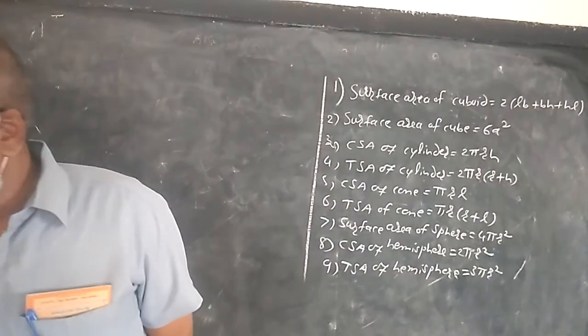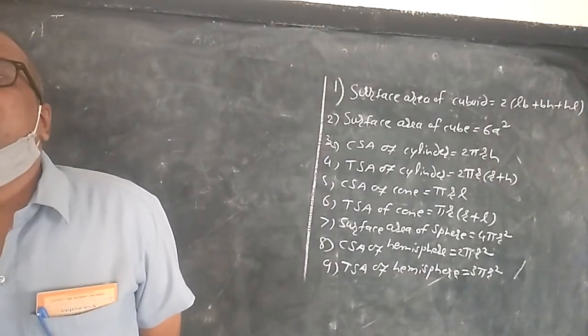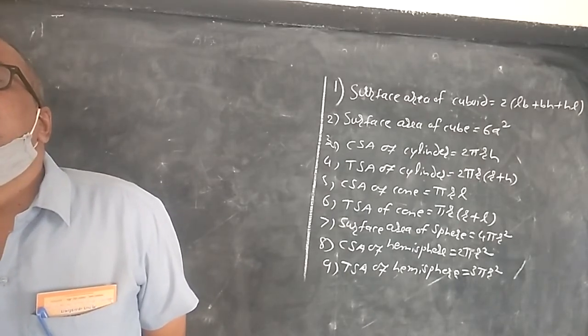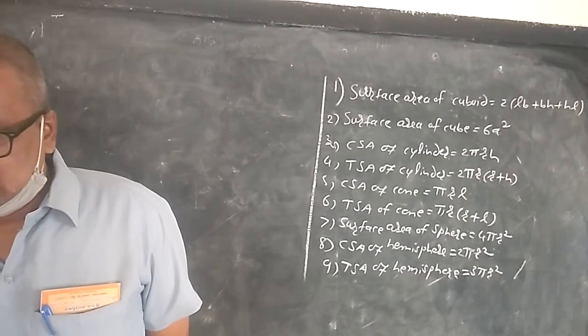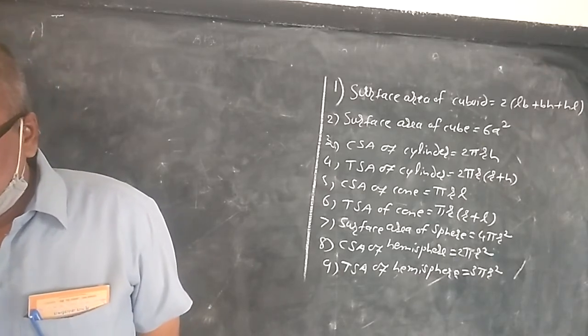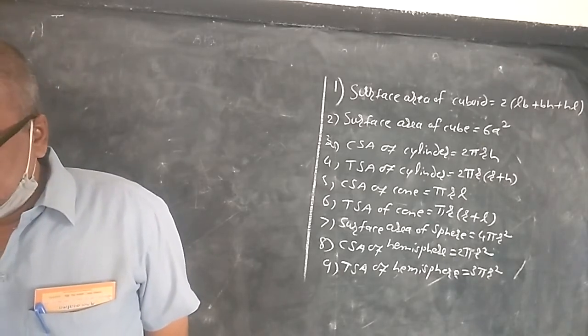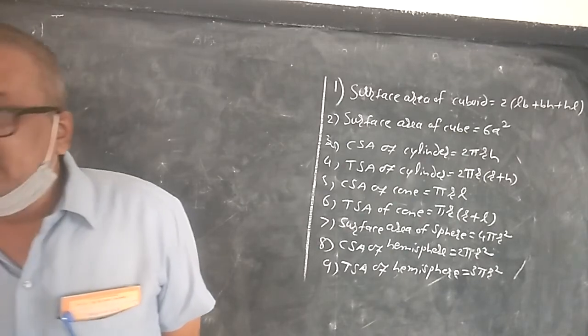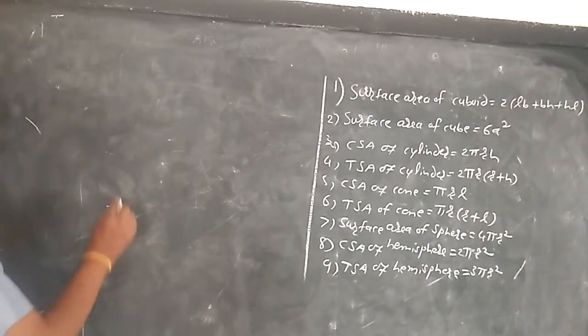Exercise 13.1 on this formula. See the first one. Two cubes each of volume 64 cm cube are joined end to end. See here.